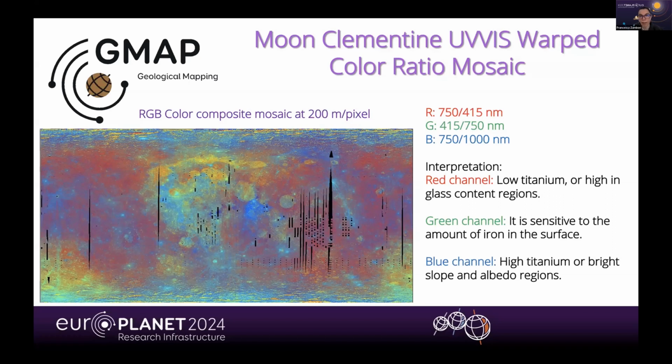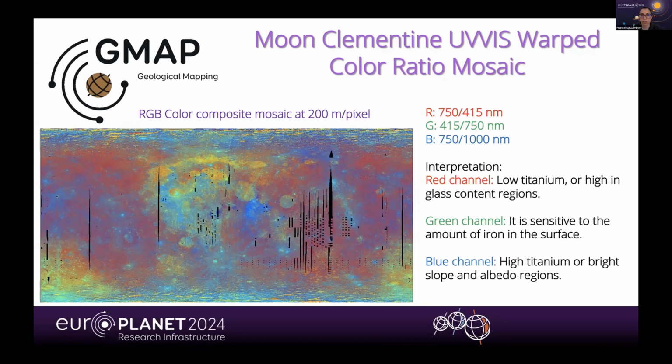Then we have in blue, in green, I'm sorry, there is a mistake here. The blue and the green are inverted. So in the green channel, you have 700 and 1000 nanometers, and in blue 415 and 750 nanometers.